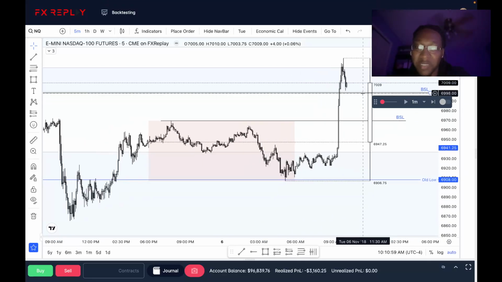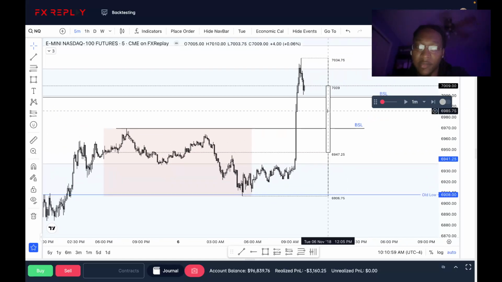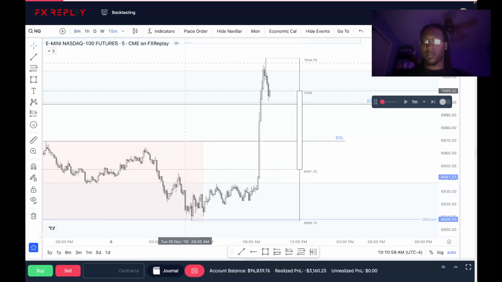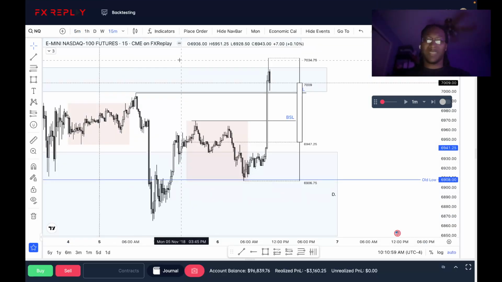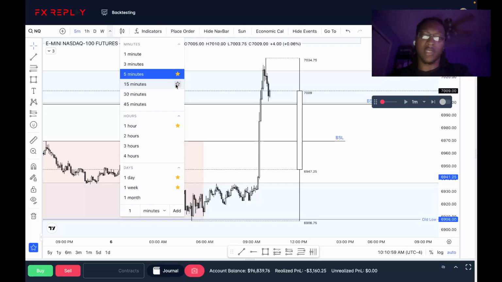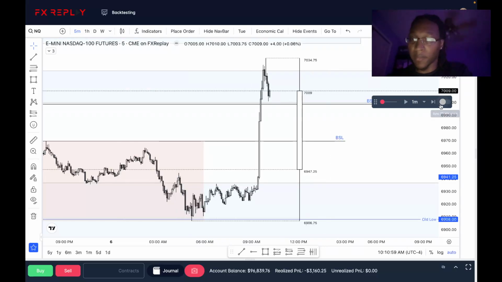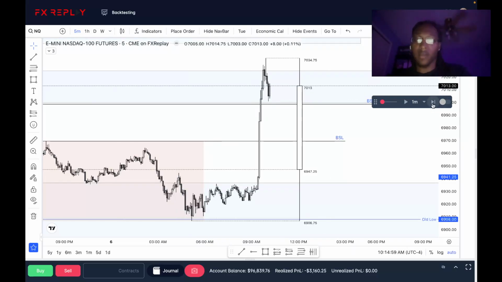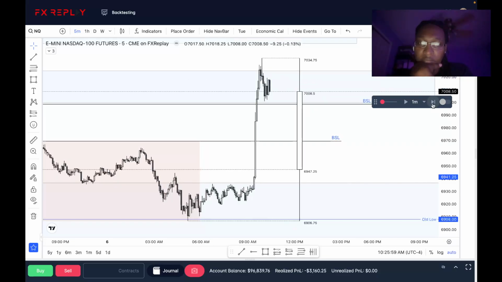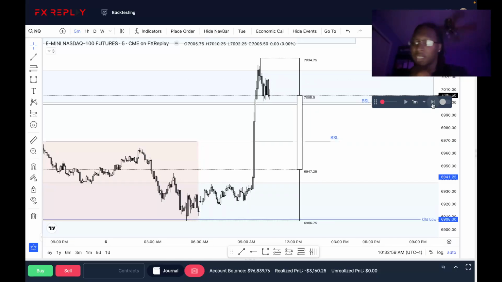Do get a mini change in state, but I don't really like the way it's forming. Yeah, this may not even play out. Just like on the 15 minute, I mean, just looking at it. Yeah, they're consolidating above a high.